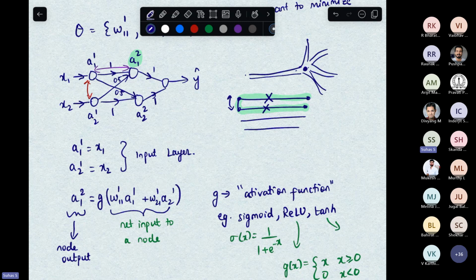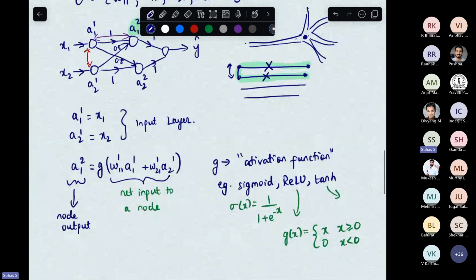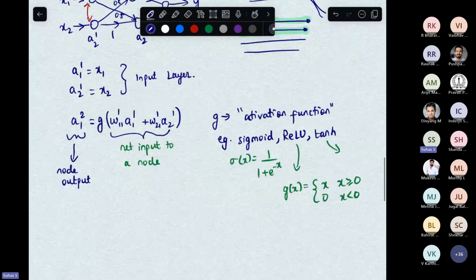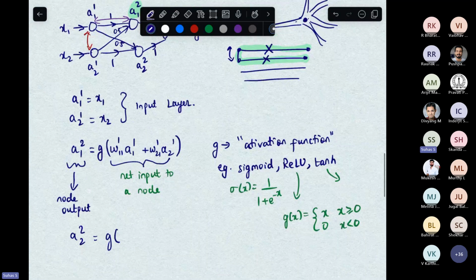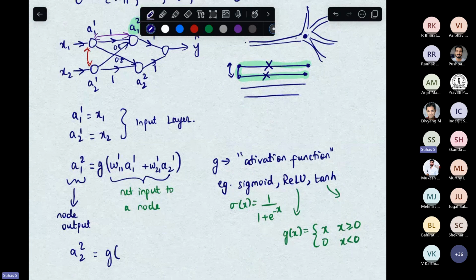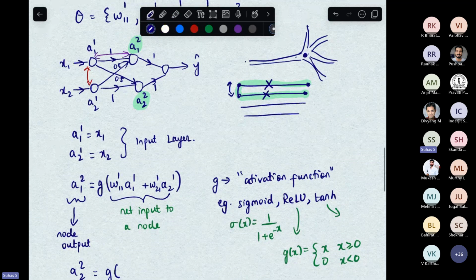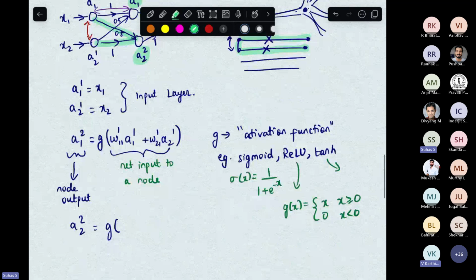Because if you look at a12, it is some function of w11 a1 and w21 a2. But if you look at a22, it is the activation of, so A22 is this one, and it comes from these two nodes contributing towards it.